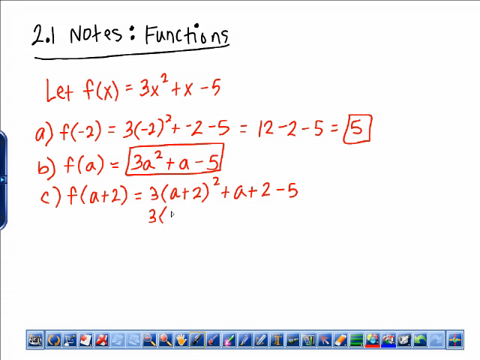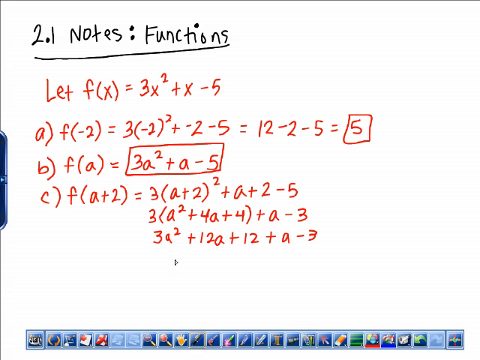Okay, so if you were to multiply a plus 2 times a plus 2, you would have a squared plus 2a plus 2a, which would be combined to 4a, and then plus 4. And then we have plus a, that's going to be minus 3. Okay, here we have 3a squared plus 12a, I'm just distributing the 3, plus 12 plus a minus 3.